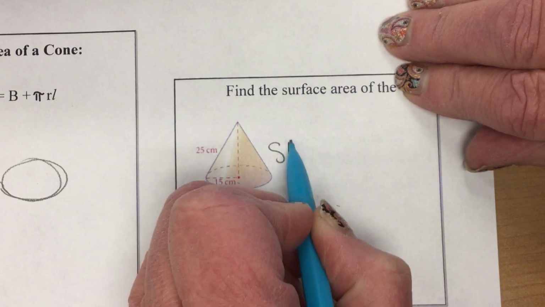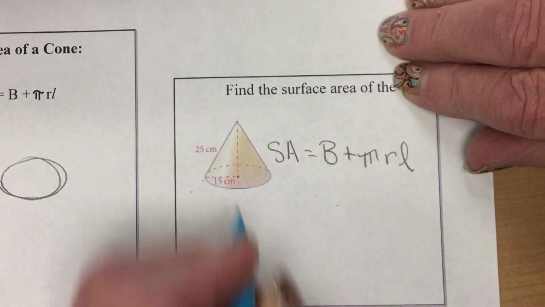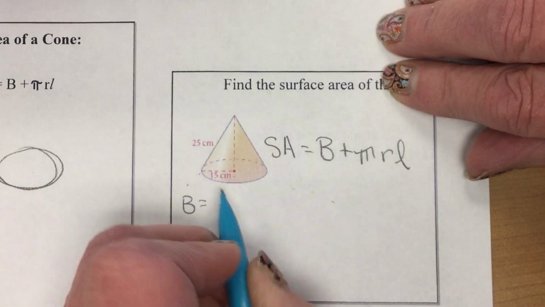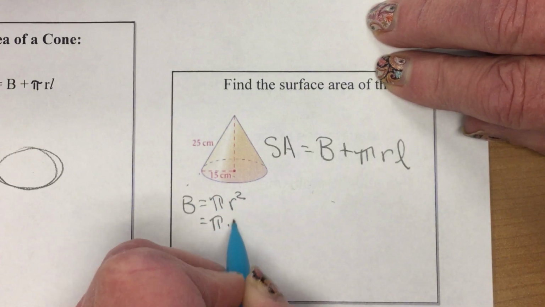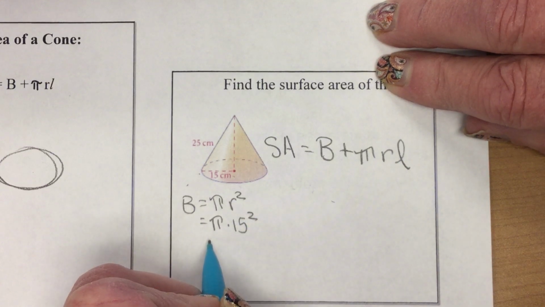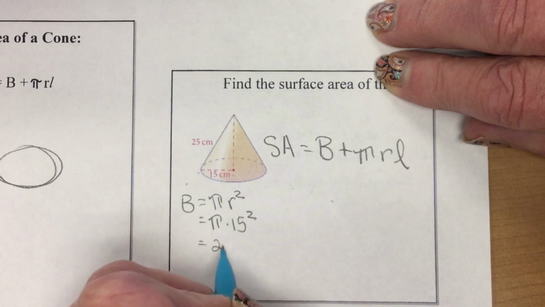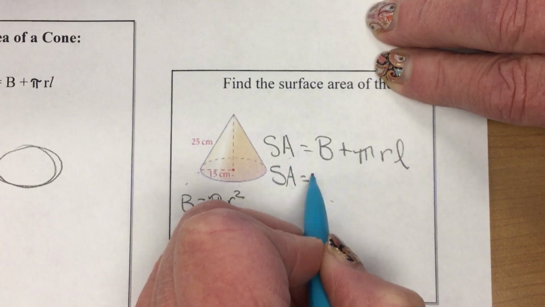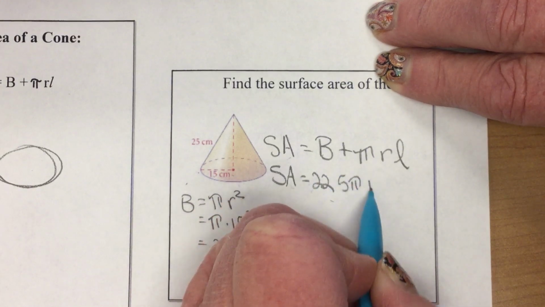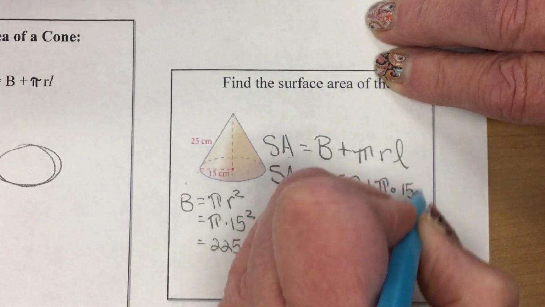So, surface area is 1 capital B plus pi RL. So, my base, pi r squared. So, pi times 15 squared. 15 squared is 225. 225 pi. And I'm just going to put that right there. 225 pi plus pi times 15 times 25.